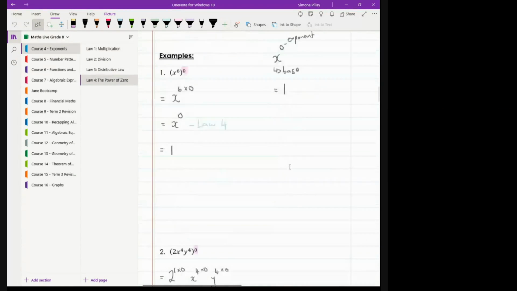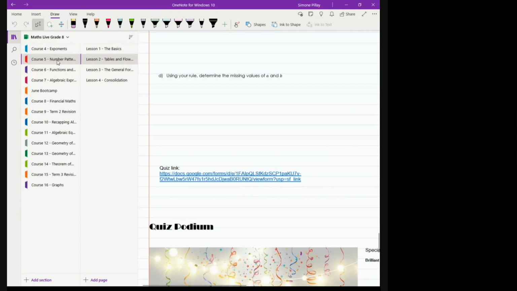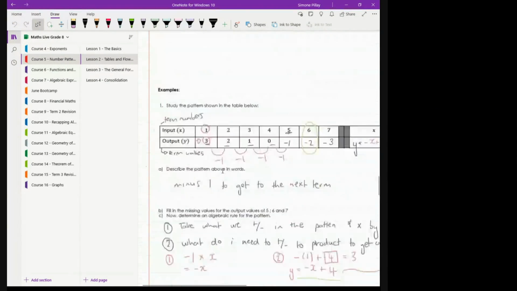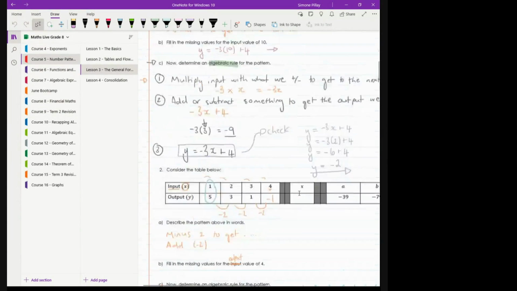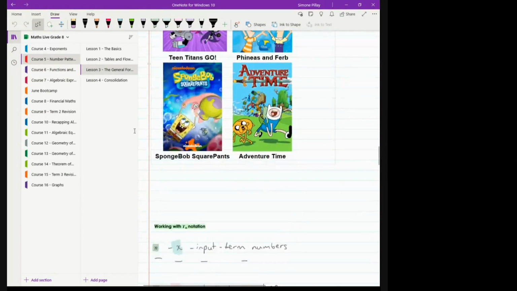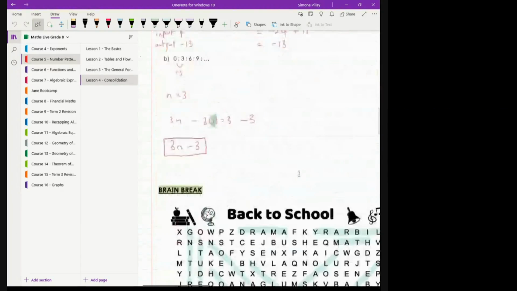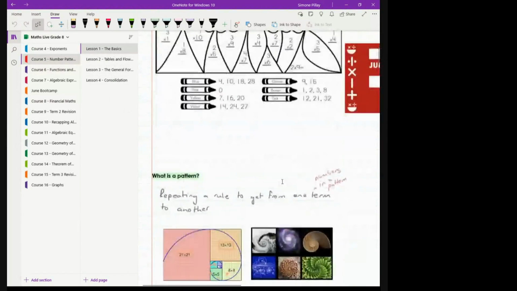I actually really miss coloring in stuff. I'm not gonna lie to you guys. I feel like all these One Must Goes, I'm actually bored of One Must Go. This word search, I remember that.